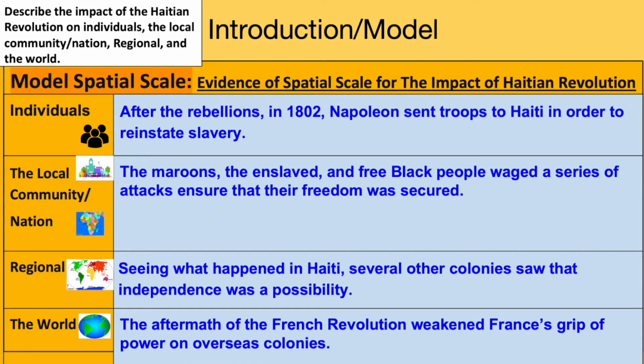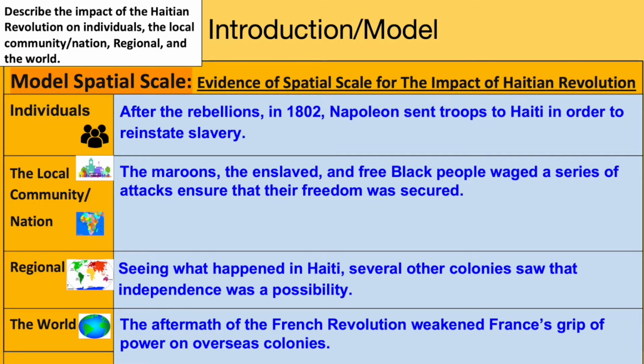After the rebellions in 1802, Napoleon sent troops to Haiti in order to reinstate slavery. So this was the impact on individuals. Now, if we look at the local community and nation, we could focus on the groups, okay? So the Maroons, the enslaved, and free Black people waged a series of attacks to ensure that their freedom was secure.